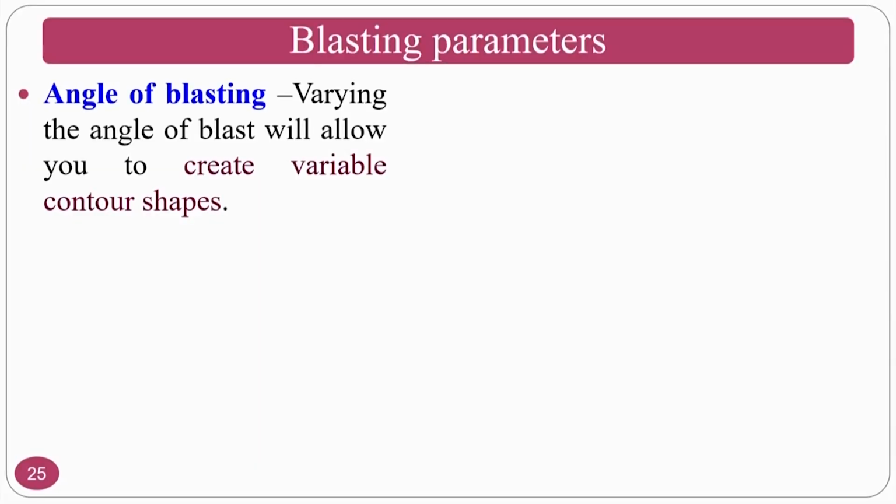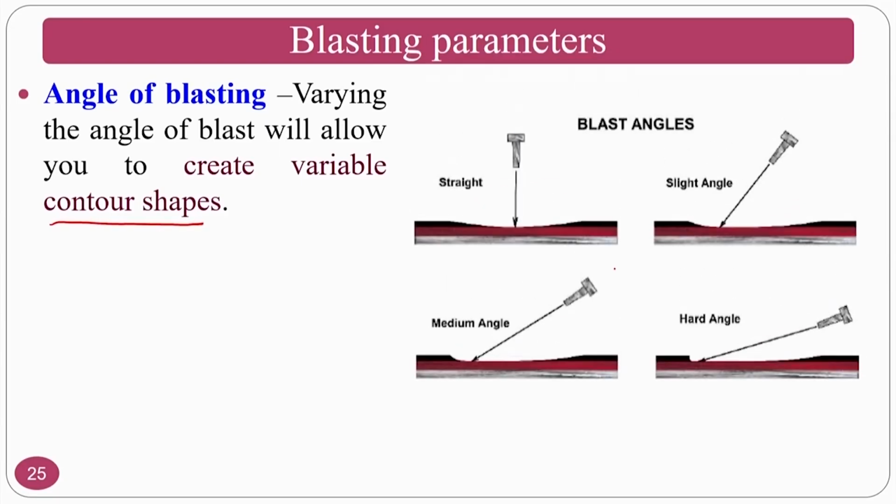Now the blasting parameters: the angle of blasting. Varying the angle of blasting allows you to create variable contour shapes. If I go for various angles, you can generate different contours.